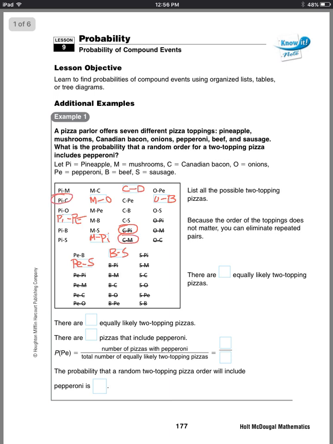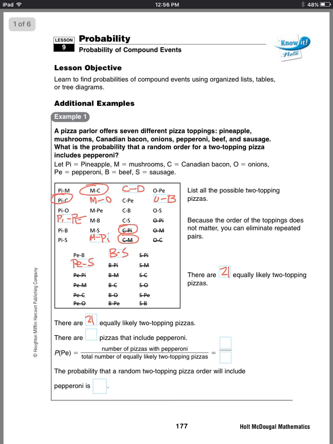Canadian bacon mushroom, but they had mushroom Canadian bacon here, so they crossed one out. See how they figure out how to cross them out? Then you count up all the ones that are not crossed out, and you get 21. So there are 21 equally likely 2-topping pizzas.